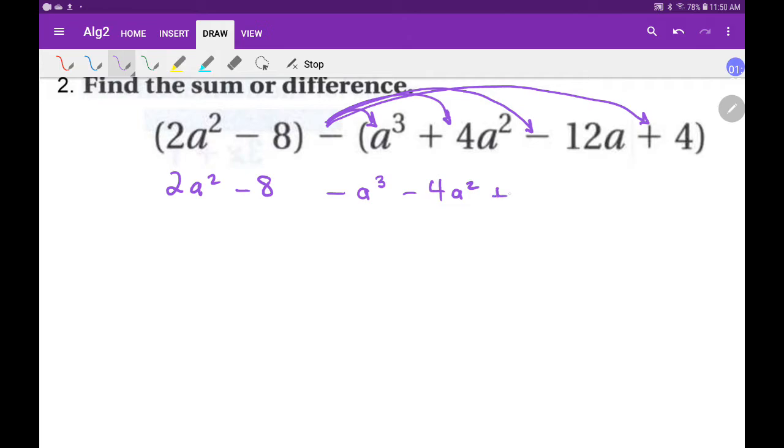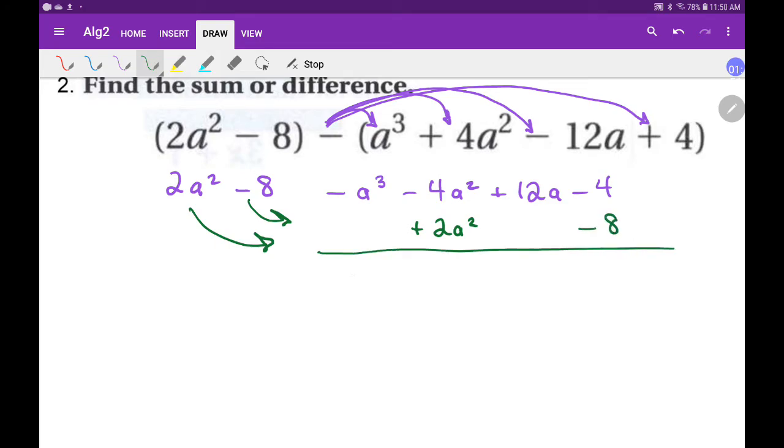Negative becomes a positive, so I have 12a, and I have a negative 4. And then I suppose I could bring these over to line up here, and I could say plus 2a squared, and I have a negative 8. So we're going to have a negative a to the third.